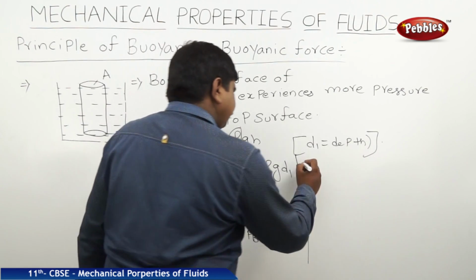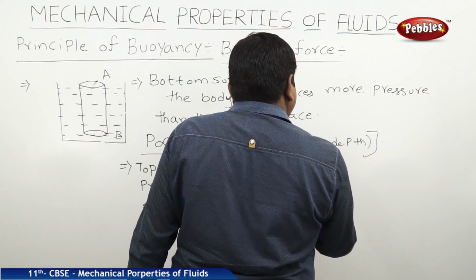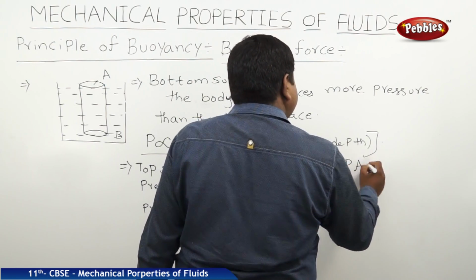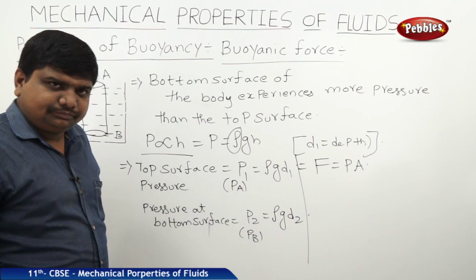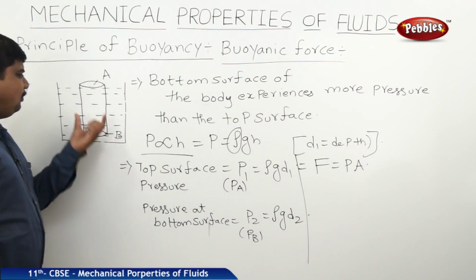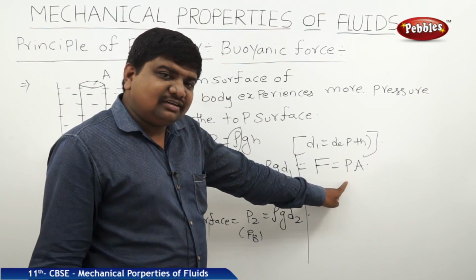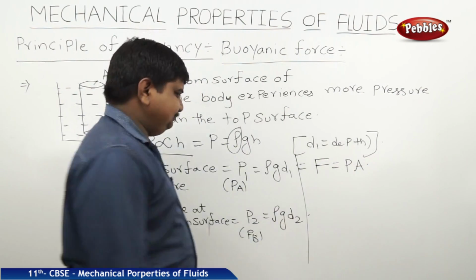Now, we know that F is equal to pressure into area, so the force experienced by the top surface is equal to the pressure at the top surface into area.